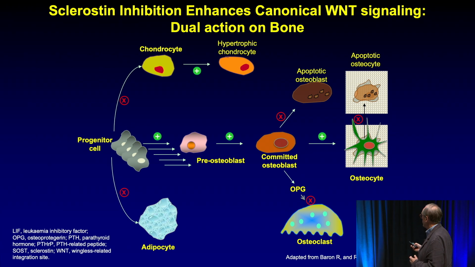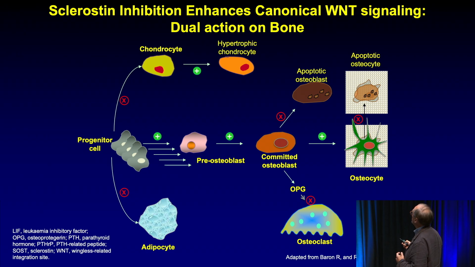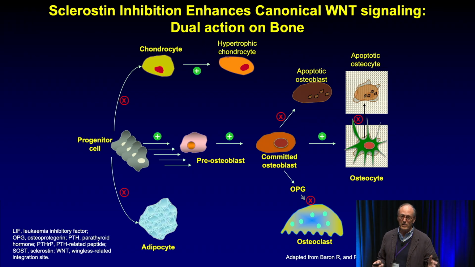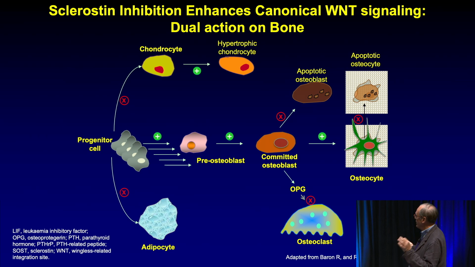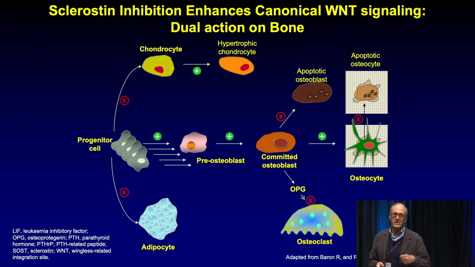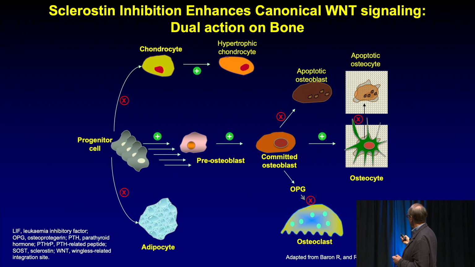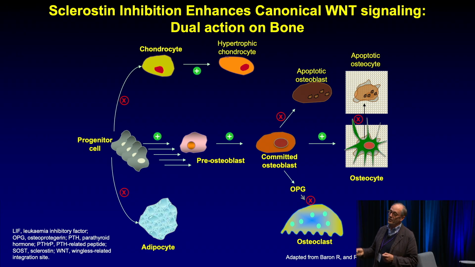We've learned that the Wnt signaling pathway targets progenitor cells, mesenchymal stem cells, or osteoprogenitors, depending where you look, and increases their proliferation briefly and favors their differentiation in the osteoblast lineage, blocking differentiation in adipocytes and blocking differentiation in chondrocytes, cartilage cells. And when you do that, of course, the end cell of this lineage is the osteocyte.